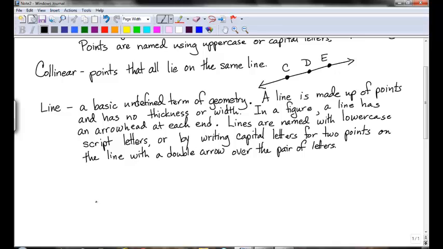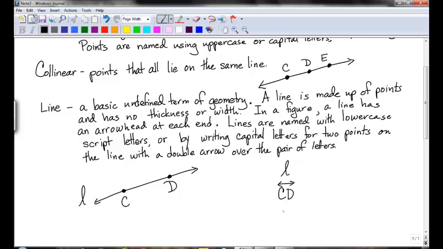So, example. Need an arrow at both ends. Say this is point C and this is point D. A lot of times they will use a script letter, and I'm going to use a script L for line. So I could call that line L, or I could call it line CD, and you put the symbol above it with an arrow on both ends.